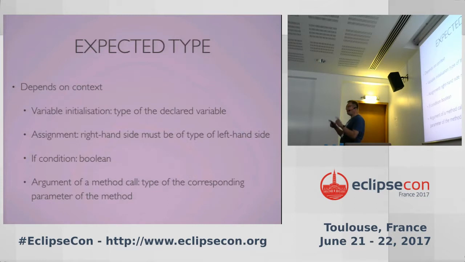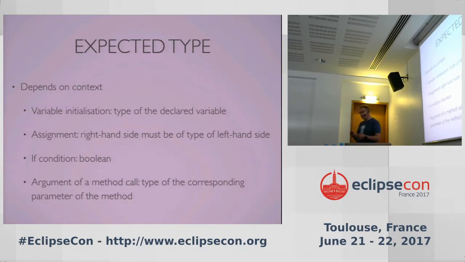When you take the condition in an if clause, then the expected type is simply Boolean. You expect that the result can be evaluated to Boolean. Or if you have method calls, then you have to look up the method definition and say, okay, the third parameter is of type string. And this is actually one of the hardest parts in writing a type computer.